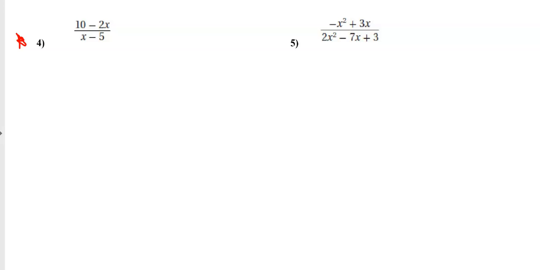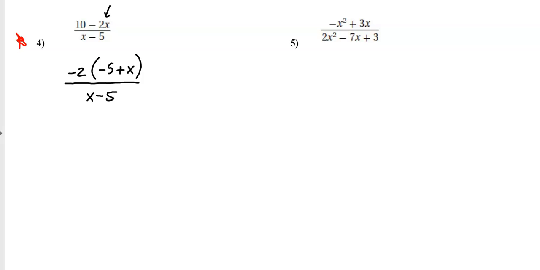So when I look up here on the first one, the very first thing I could do is factor out a 2 on the top. But since I see this negative 2x, I'm going to actually factor out a negative 2. So I'm pulling negative 2 out, and I get negative 5 plus x. And then the bottom, I get an x minus 5.